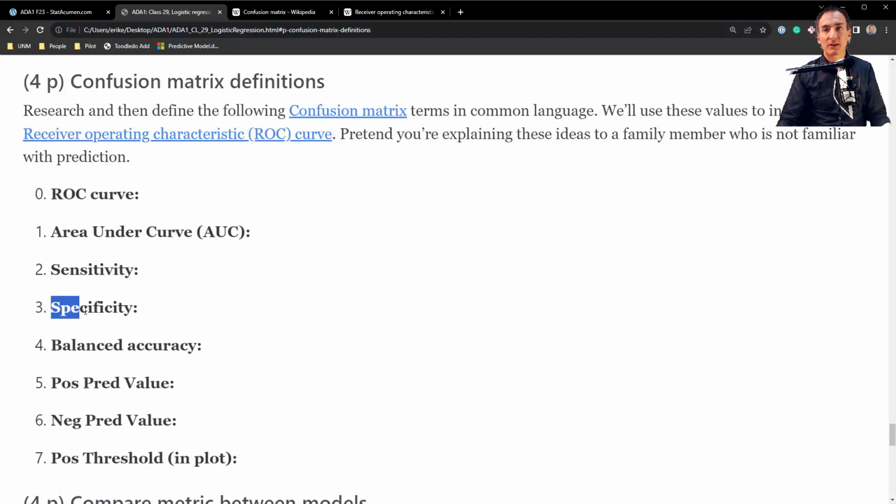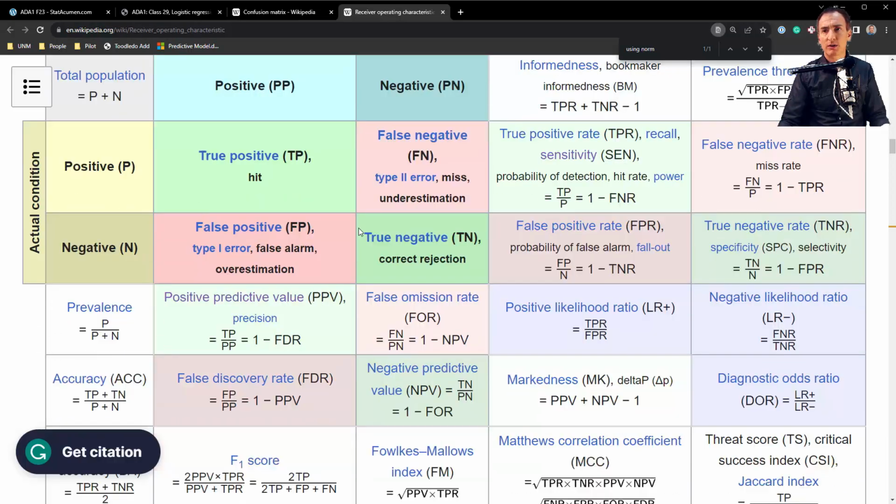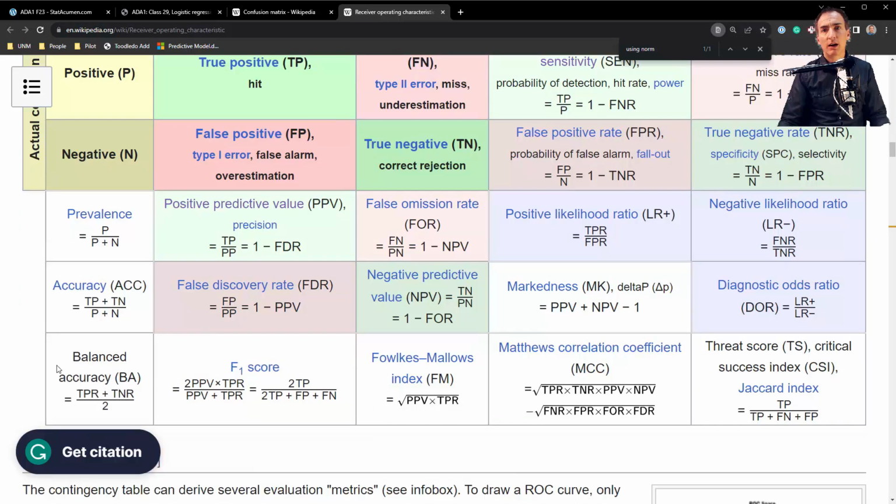Okay, so that's specificity. Balanced accuracy. This is a statistic I use pretty commonly, even though there are slightly better ones, but it's an easy statistic to understand.